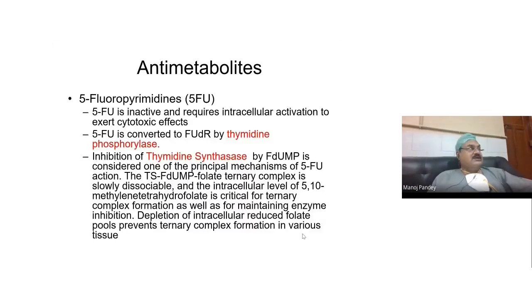Among the antimetabolites, there are some which work on other mechanisms. These also control the level of folate inside the cell, but not directly, rather through thymidine. So drugs like 5-FU, the 5-fluoropyrimidines, cause the inhibition of thymidylate synthase, which ultimately also leads to deficiency of folate and modification of methylene tetrahydrofolate inside the cell.